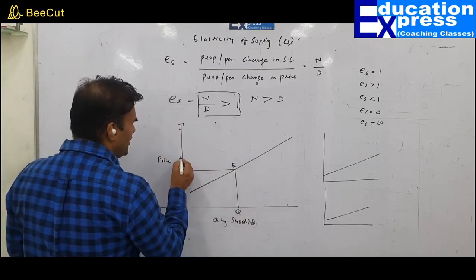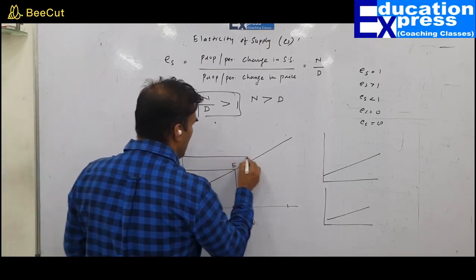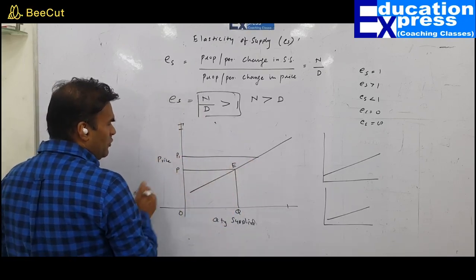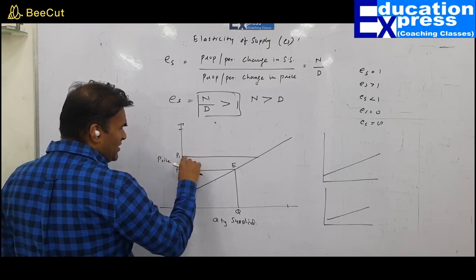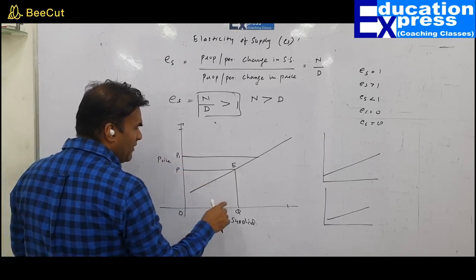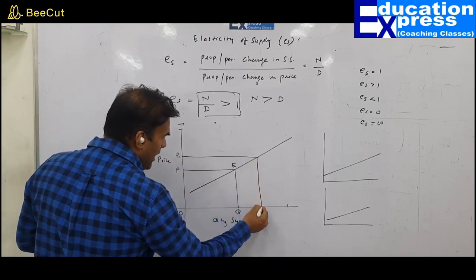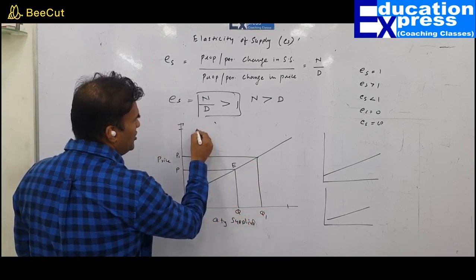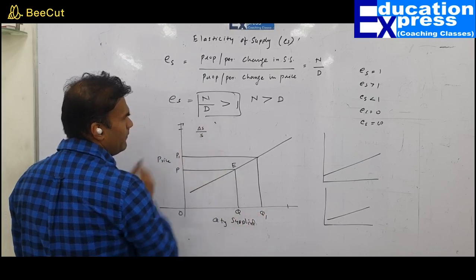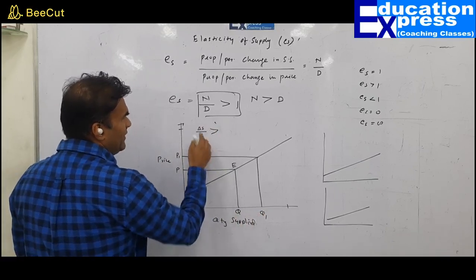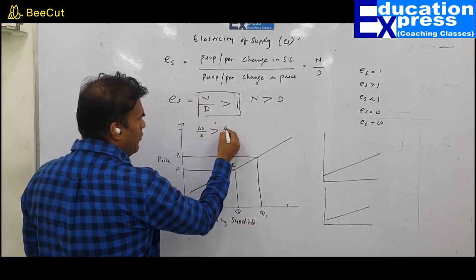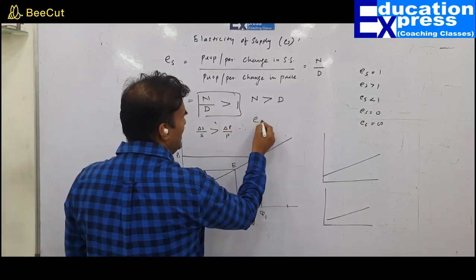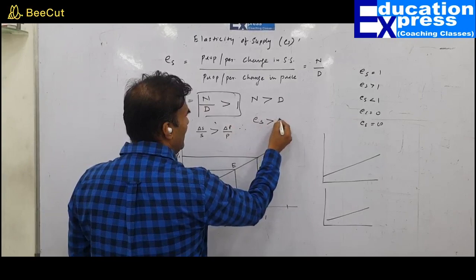Now price changes by how much? Price changes by P1. So the change in price is only this much. See the impact. Change in supply is this big. Can I say proportionate change in supply, that is numerator, is greater than proportionate change in price? Therefore, elasticity of supply is greater than 1.